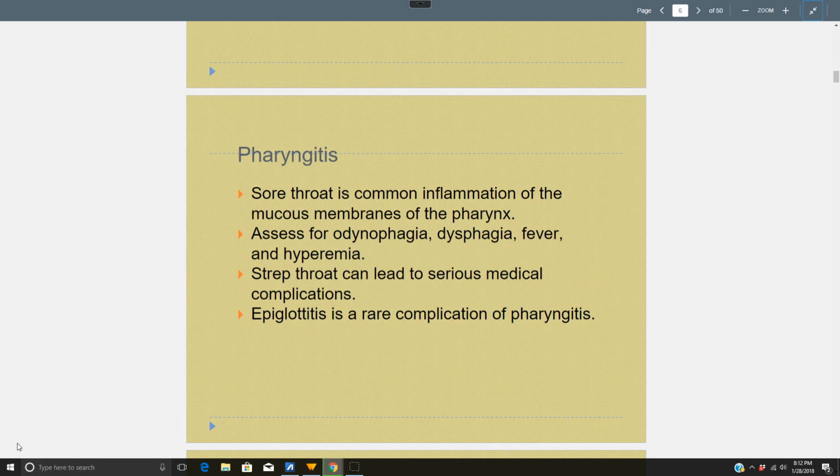So as I was saying about pharyngitis, when a patient presents with a sore throat, it's important that they have a strep quick test done. They can swab the throat and determine if it's strep.